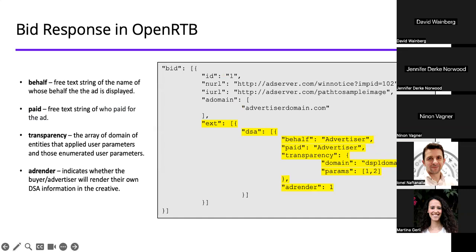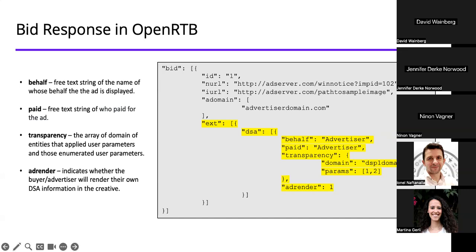And then we move into the bid response. On the right again is a sample bid response where there is an extension to the bid object. A couple of attributes here too. The first attribute, and what's different than the request, because this is data that only someone who's downstream, the advertisers, would have access to, is the behalf attribute.